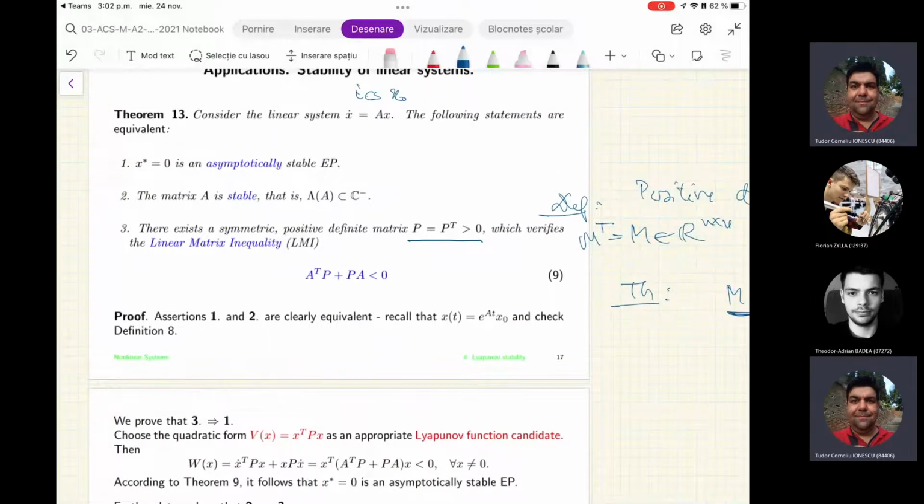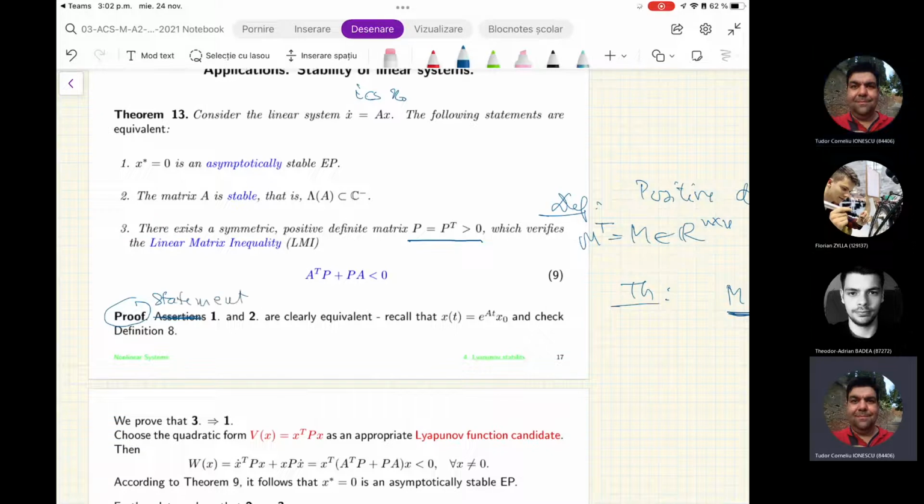Okay, so now we sketch the proof. The first two statements are clearly equivalent. We know that from linear systems theory. Why?